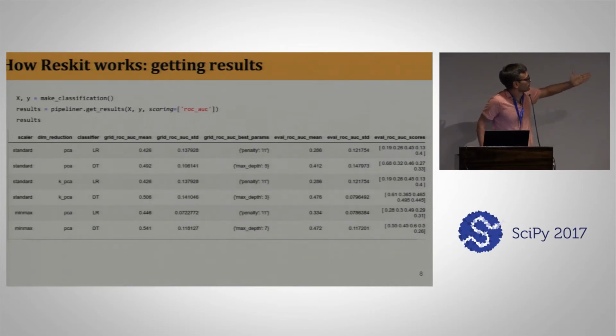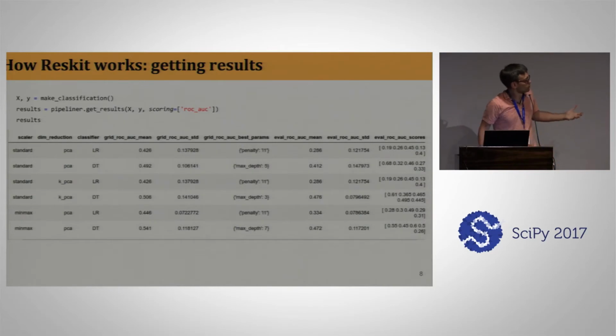In this case, and I will talk about it in limitations, it produces grid search best model, area under a curve mean, STD, and also results on the evaluation set, mean and STD, and scores on each fold of the evaluation set, if you want to look at them. It's a convenient form for meta-analysis.